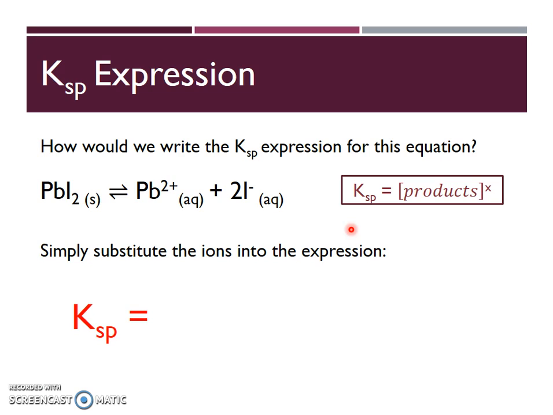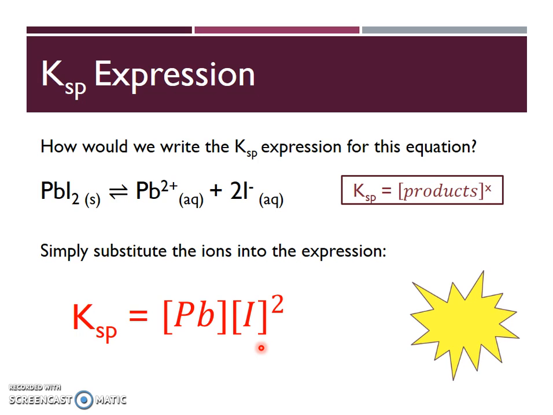If we take this equation again, all you have to do is substitute the concentrations into the expression. So we have the concentration of lead multiplied by the concentration of iodine squared. The reason we have iodine squared is because in the balanced equation, there is a coefficient of 2. And this is a common mistake other students make all the time, forgetting the coefficients.